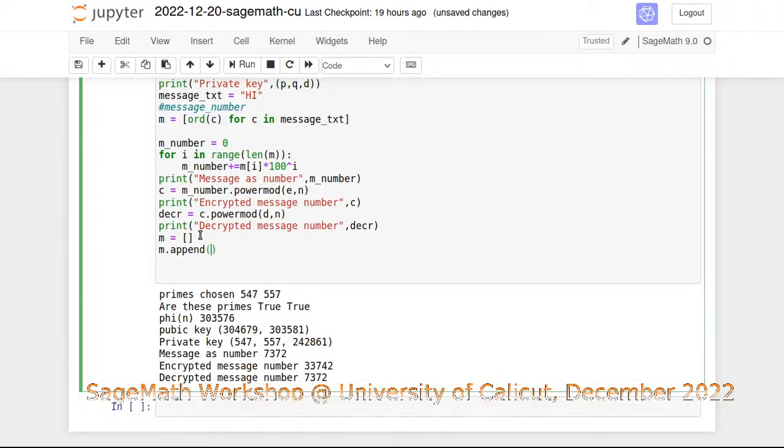So 7372, suppose that we divide it by 100 and take the floor of that. How do we know that it's going to be a multiple of 1000? How do we understand? So 7372 is the number. We need to extract 73 and 72 from that. But how do we do that? Okay, let us divide that number by 100 first and take the floor.